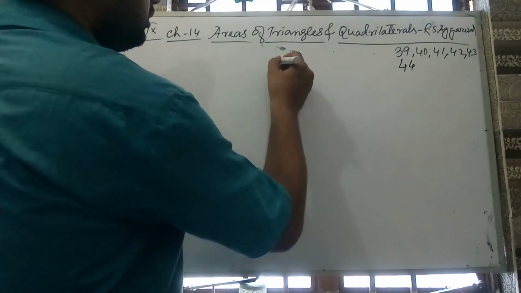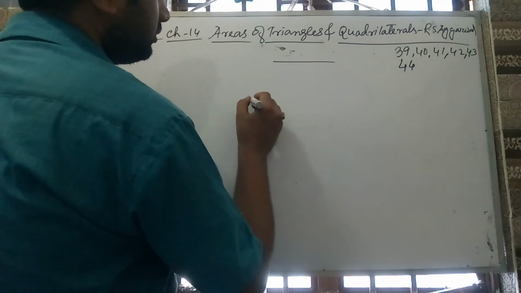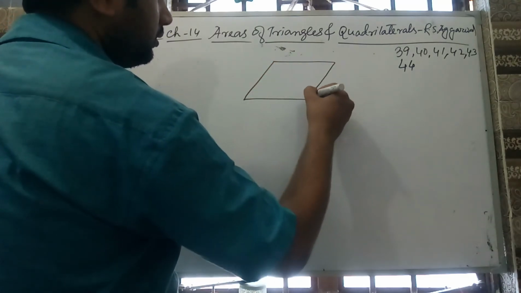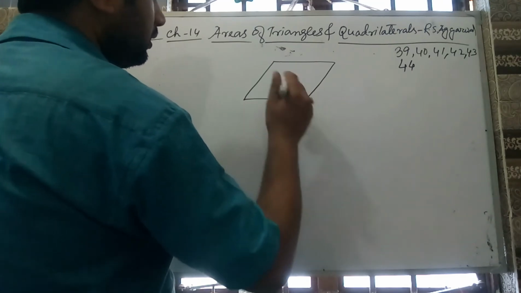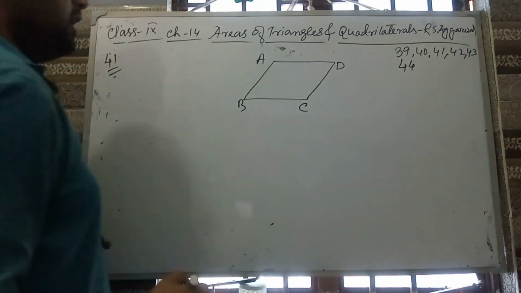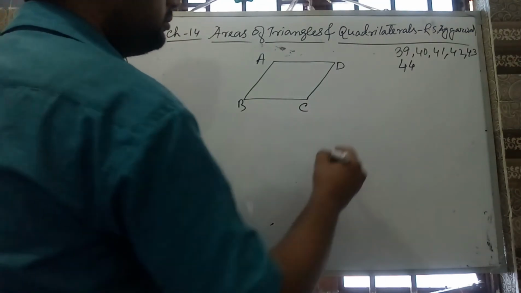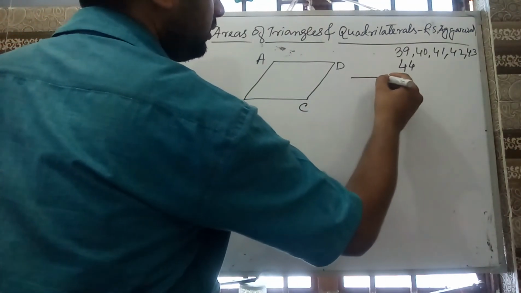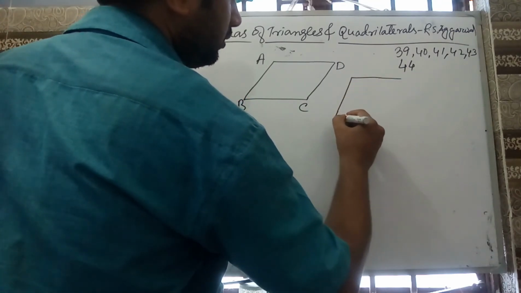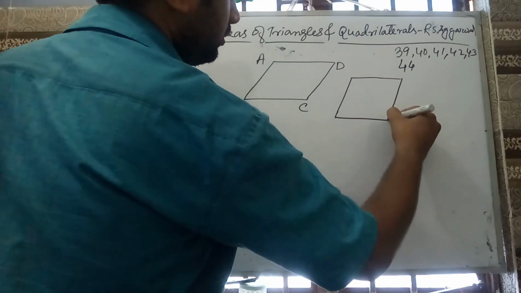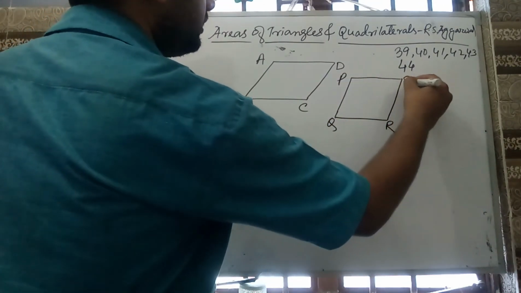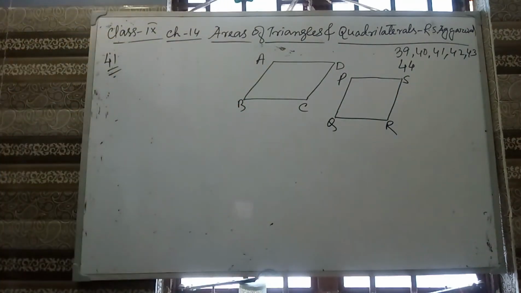So let us draw the two figures. Let ABCD be the parallelogram and PQRS be the rhombus.